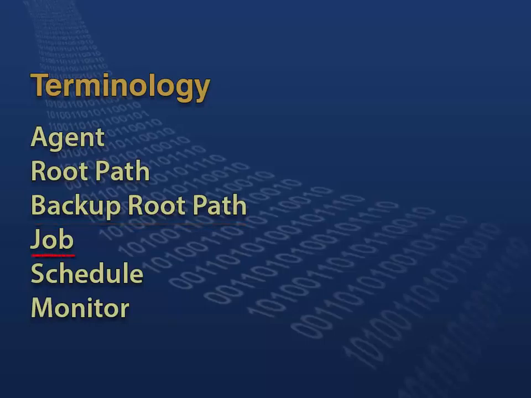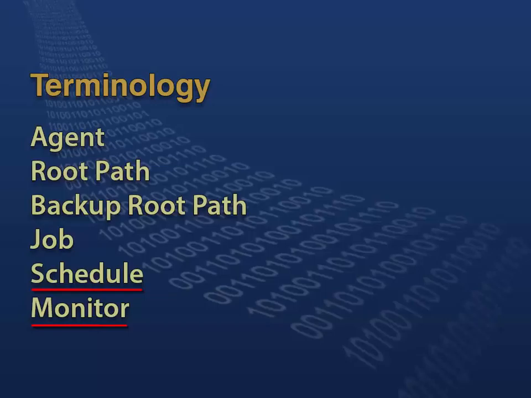A job is a set of rules that executes your file copies and other file operations for you. Those are bundled together into either a schedule or a monitor. A schedule is a bundle of jobs that is run on a scheduled basis.